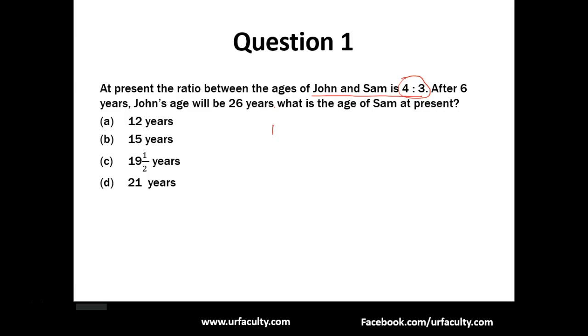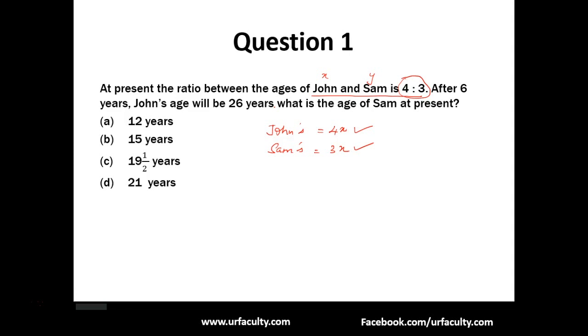So let John's current age be 4x and Sam's current age be 3x. This should be the first step, because that will help you get the answer very easily rather than giving John as x and Sam as y and then doing some calculation out here.